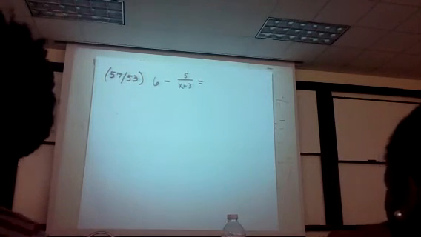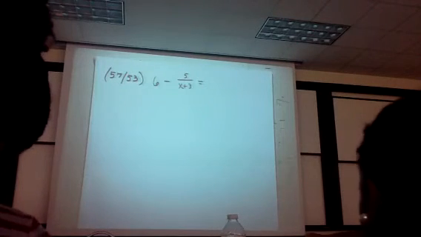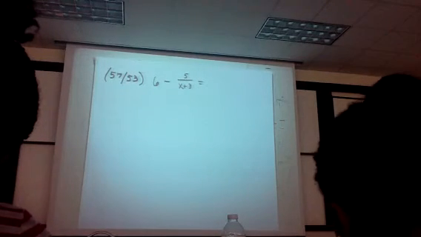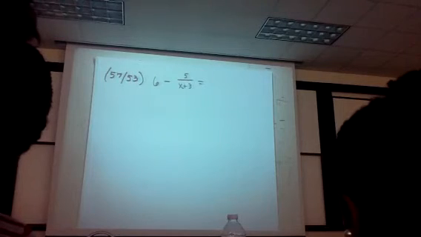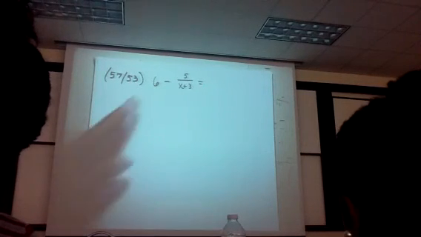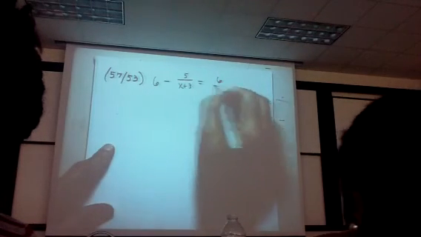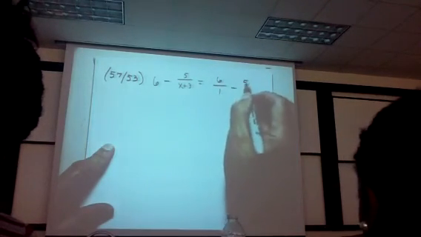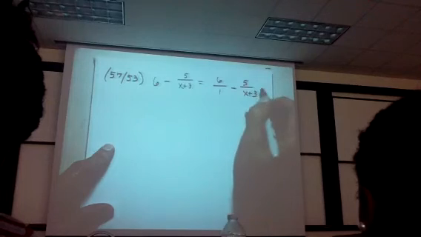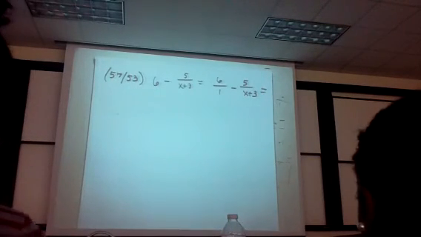Can you remedy that problem? Yes. Put 6 over 1. Sure. Anytime you need fractions to exist, you can always put something over 1. Doesn't matter if it's got a variable in it. Anything is the same thing over 1. Okay, that's a little help.